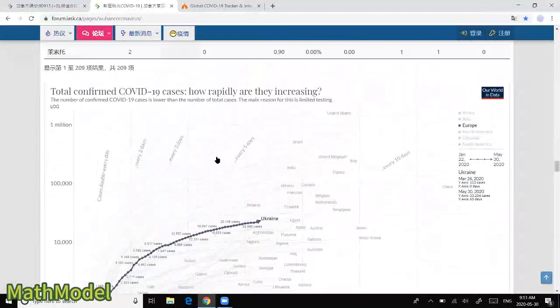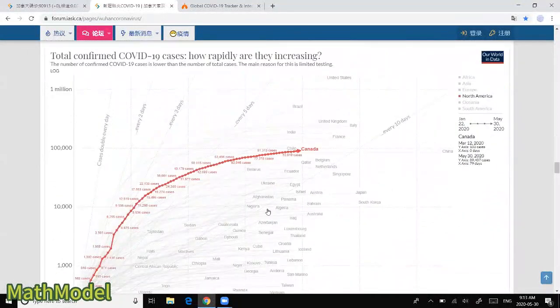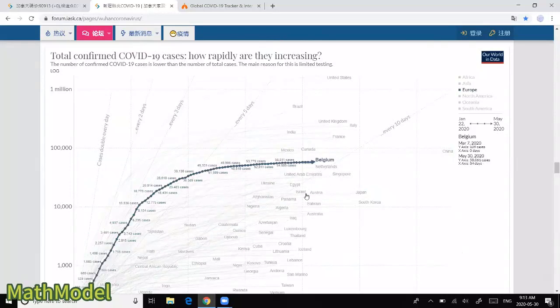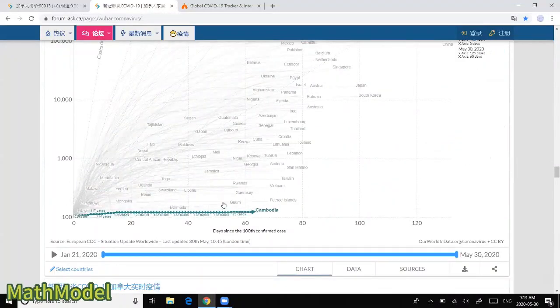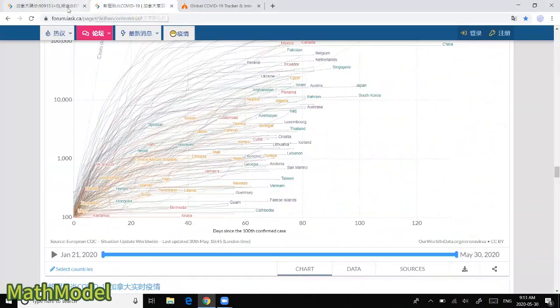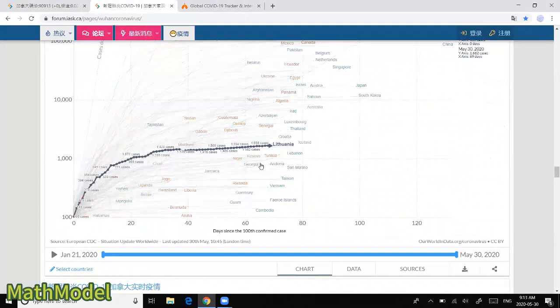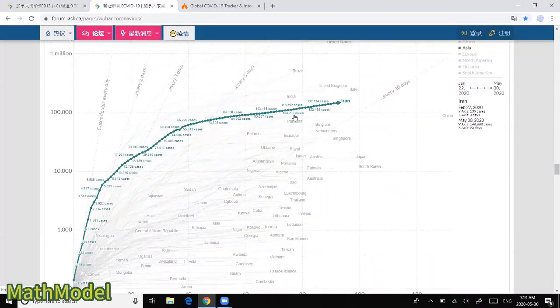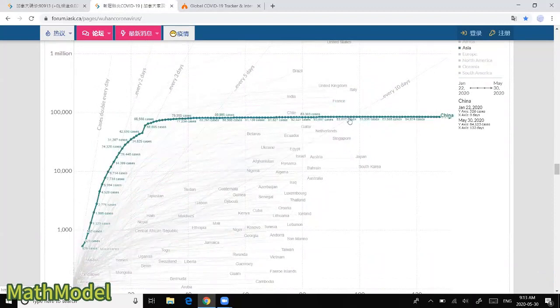Okay, and then we see here it's basically the same graph, except it has every single country. They're all different lengths because, like I explained before, these two websites are made by the same user. We see that China is the longest one because China had the coronavirus for the longest.